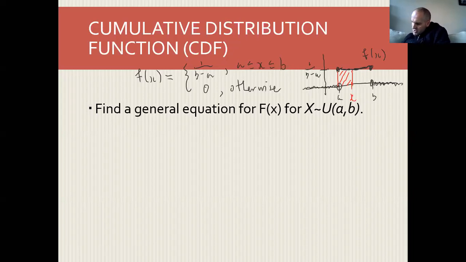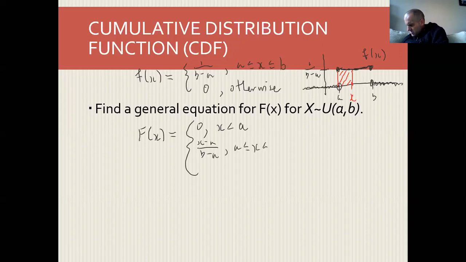So that gave us the following cumulative distribution function. Capital F of x equals 0 for x less than a. It was x minus a over b minus a for a equal to or less than x equal to or less than b, and it was 1 for x beyond b.